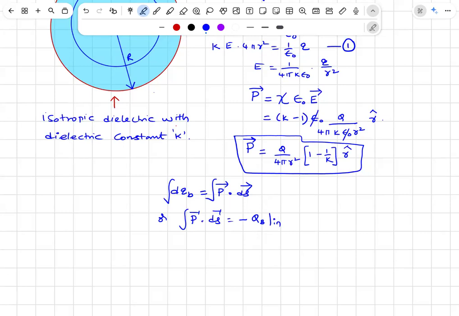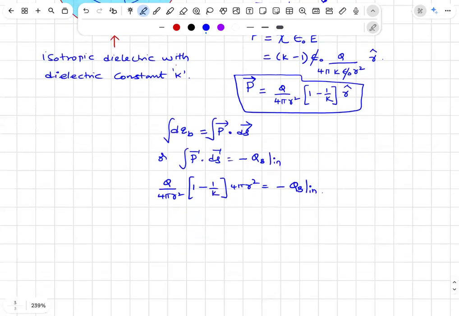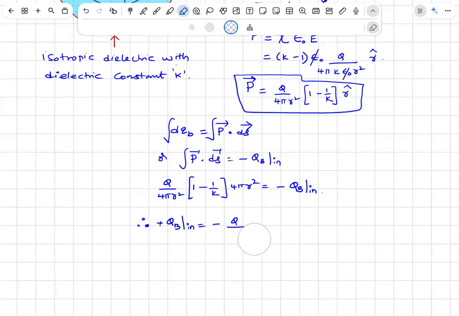So this is nothing but the polarization integrated over the surface. Is this fine?